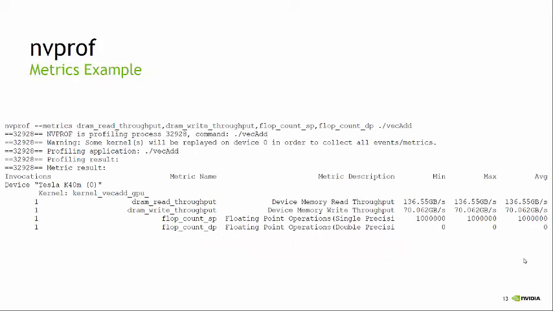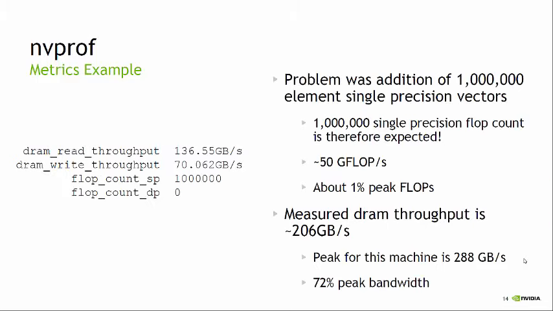So an example of the metrics, I ran my vec add program with those 4 metrics. And here was my output. So this is what the output actually looks like. On the next slide I have the key parts of it made a bit bigger, so you can see them.